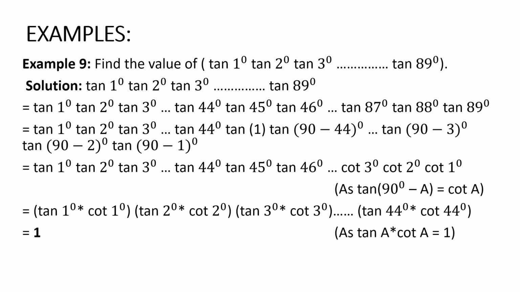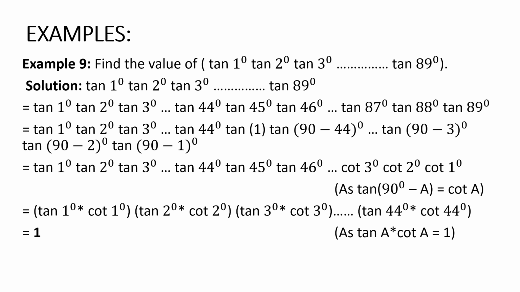Tan 46 degrees can be written as tan of 90 minus 44 degrees. What is 46? 90 minus 44. Same way, 87 can be written as 90 minus 3, 88 as 90 minus 2 and 89 as 90 minus 1 degree. So now in the middle, tan 45 degrees is 1, correct?